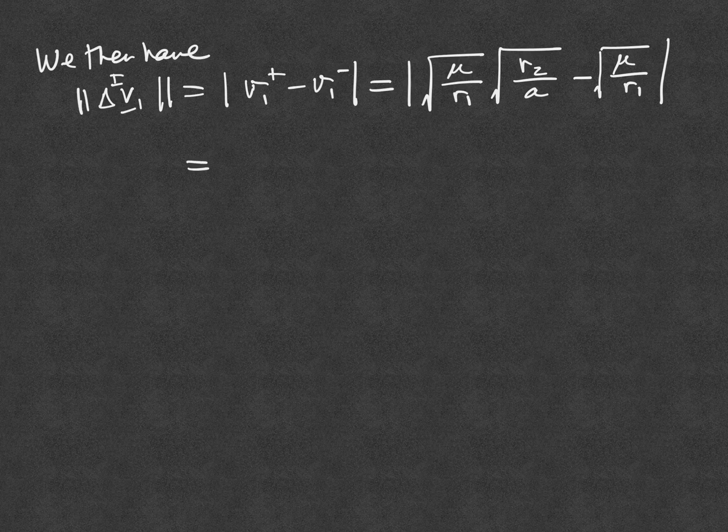But now we can factor out the square root of mu over r1 because it's positive, and we're left with the absolute value of the square root of r2 over a minus 1.